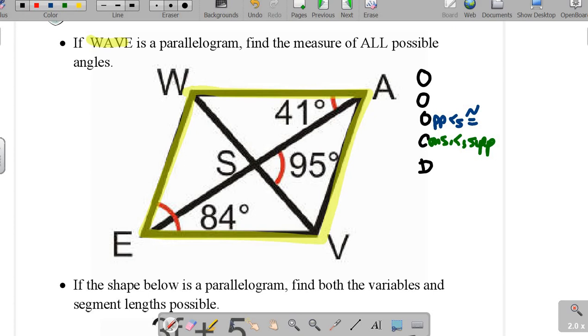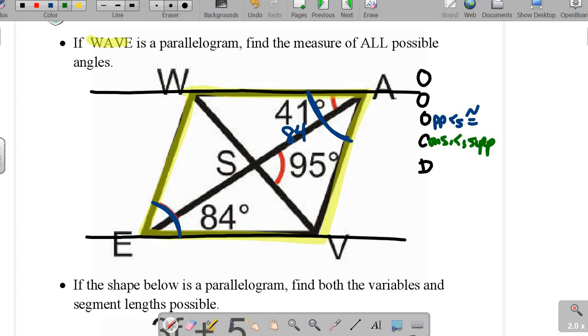Step number 1. If opposite sides are parallel and opposite angles are congruent, if this whole thing is 84, this whole thing is also 84. Which means if I want the measure of this green angle here, I simply go 84 minus 41, and I get that the green angle is going to be 43.